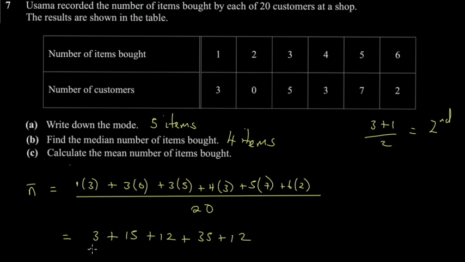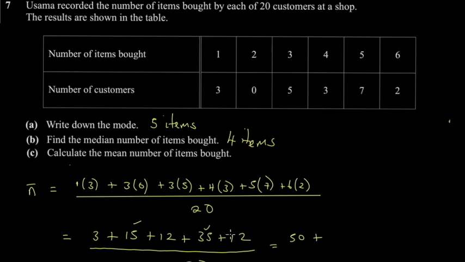Okay, so we're dividing the whole thing by 20. So what would you get here? You can start by condensing the stuff in a very smart way. So this one and this one you can get 50, and this one and this one you can get 42.